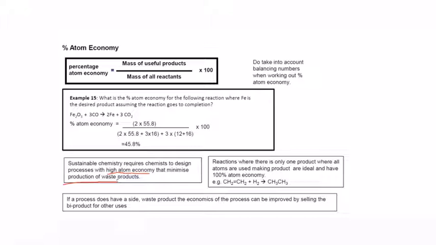For example, if you have a reaction which has higher atom economy for the desired product, you prefer that. Why do you prefer that? Because it shows that it will have less waste product, increase the amount of the useful product and reduce the cost.